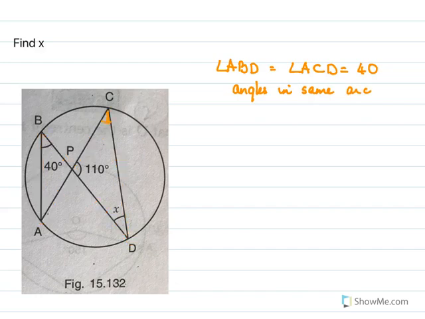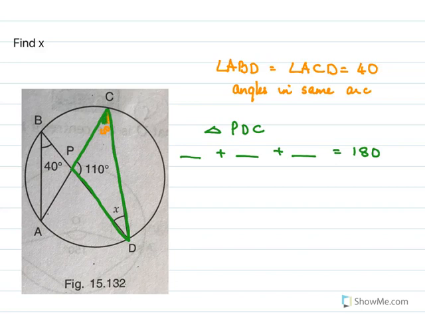Now for the second part, we already have found this angle as 40. Now if you look at the triangle PBC, you have to spot a triangle where two angles are given, and that is PDC. In triangle PDC, the three angles will be equal to 180. Let's take out the three angles.